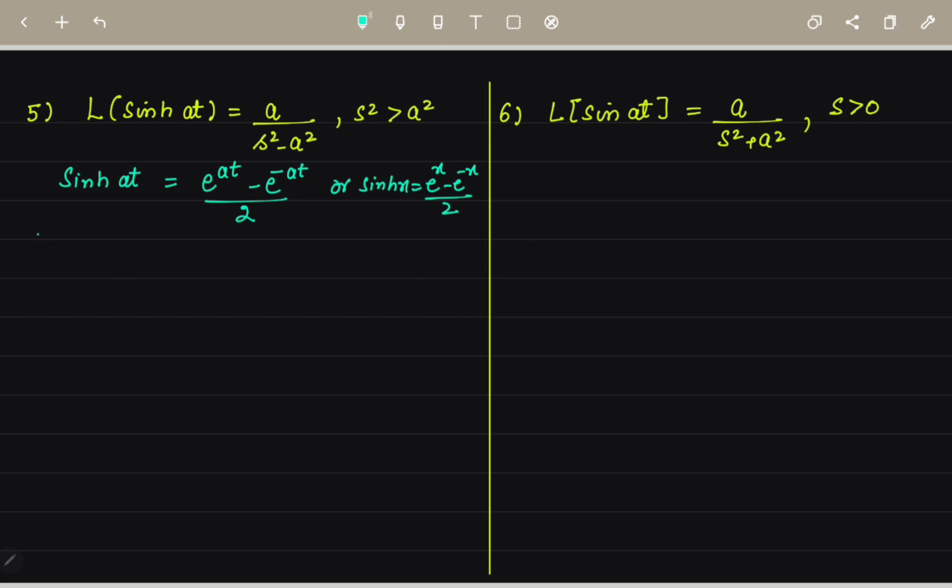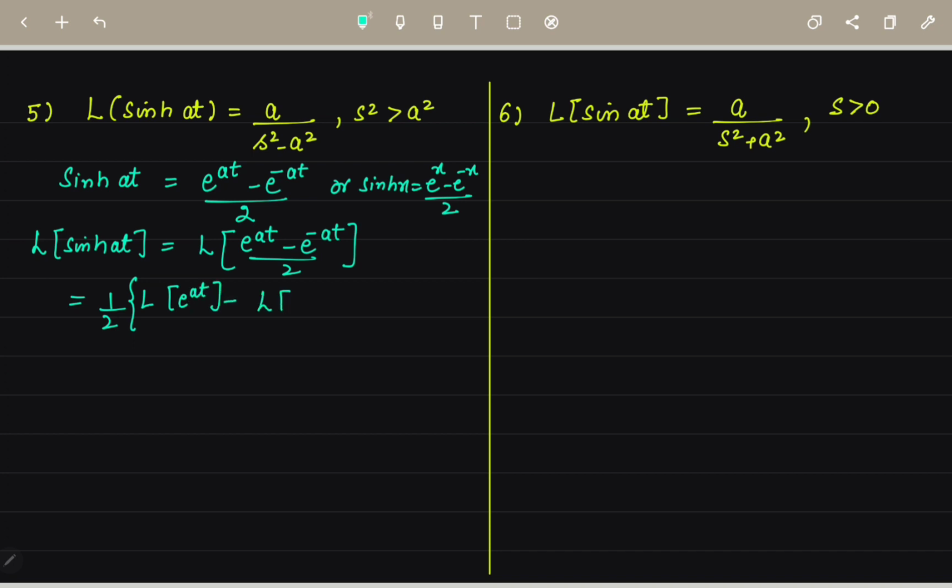So now the Laplace transform of sine hyperbolic at is equal to the Laplace transform of e raised power at minus e raised power minus at, whole divided by 2. So which is equal to 1 by 2 times the Laplace transform of e raised power at minus the Laplace transform of e raised power minus at.